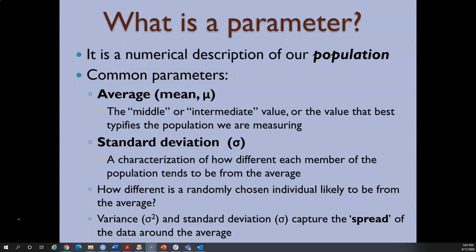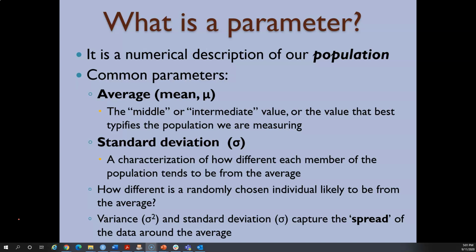Since standard deviation tells you the deviation or the shift of a particular data point from the average, it also tells you, for a particular random data point, how different that data point is from the rest of the observations. That's why standard deviation is important, because it tells you something about the spread of the data.